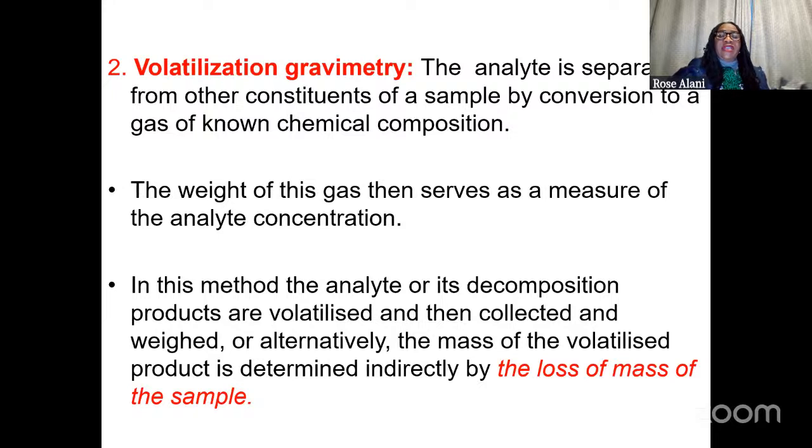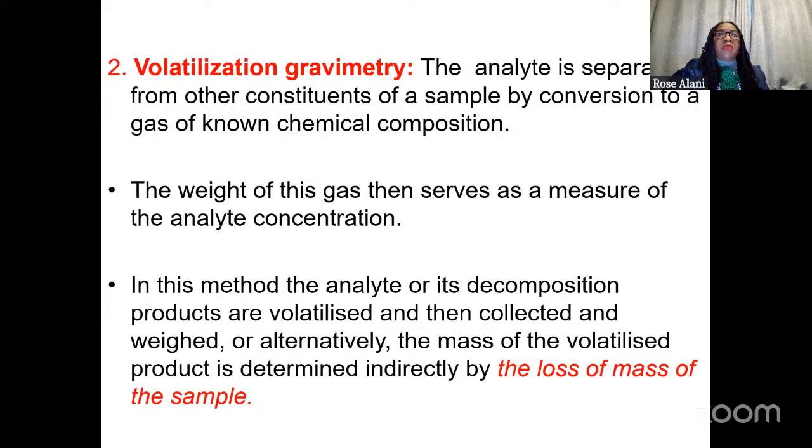We have volatilization gravimetry. In this case, the analyte is separated from other constituents of the sample by converting that analyte into a gas of known composition. So then the weight of this gas serves as a measure of the analyte concentration.